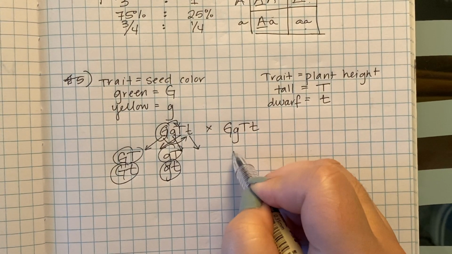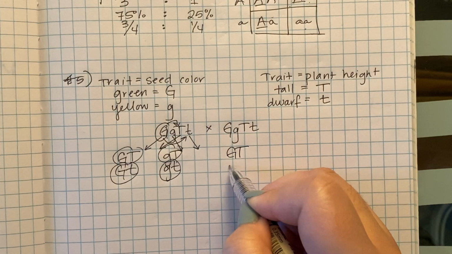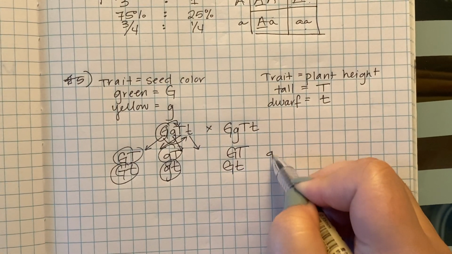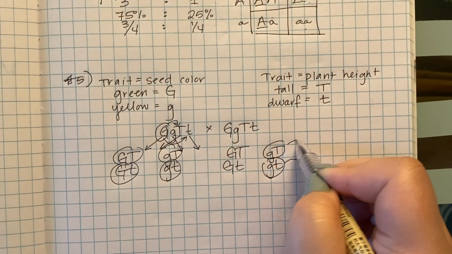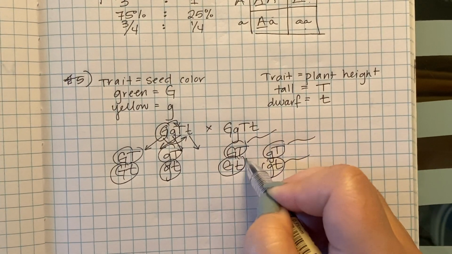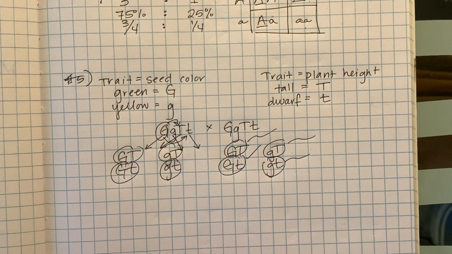Same genotype here, so we're going to get the same gametes, but these would be sperm. So this individual could produce 4 genetically different sperm.